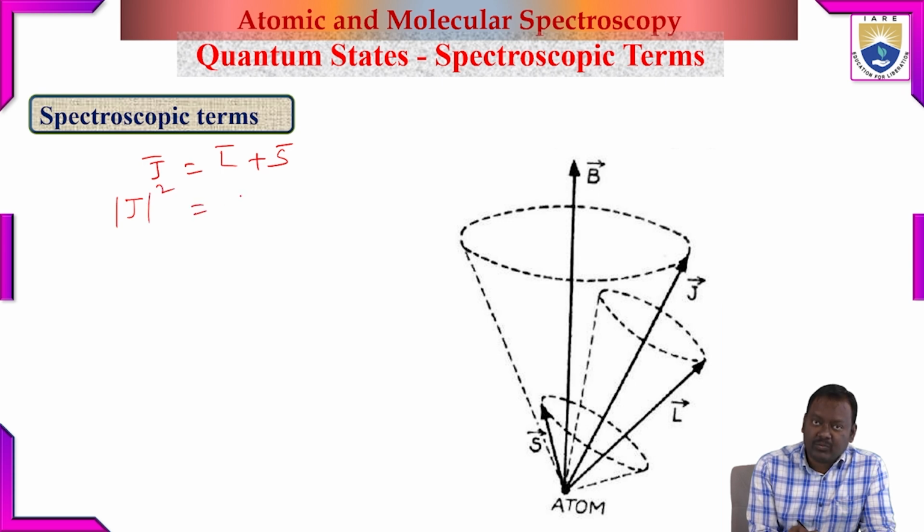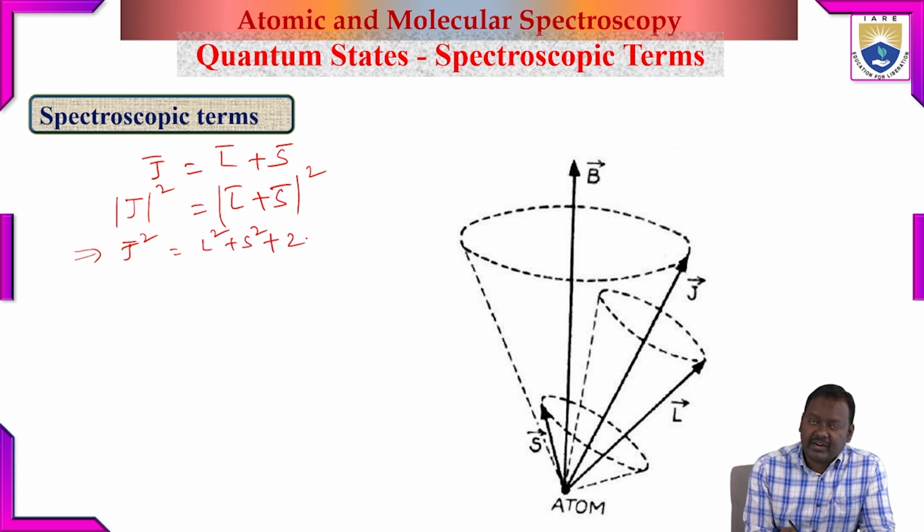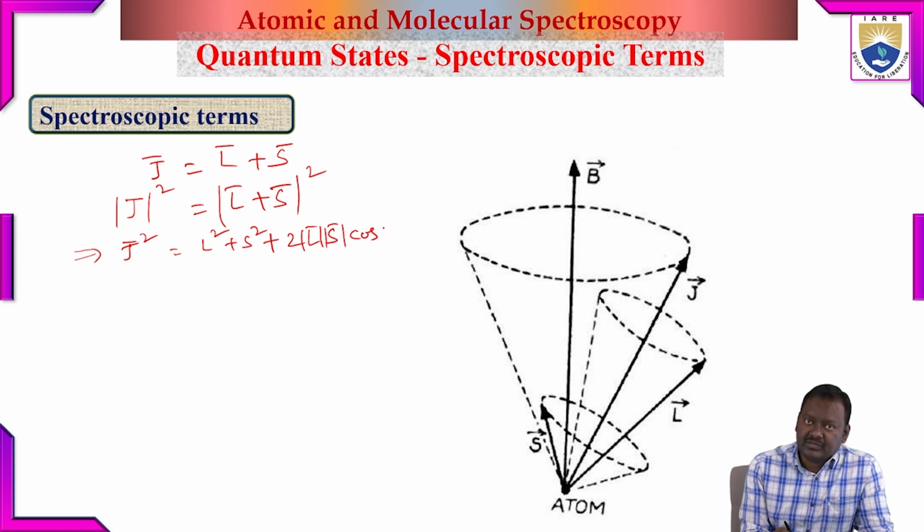Squaring on both sides, we get L bar plus S bar whole square. So the magnitude J square equals L square plus S square plus 2 L bar dot S bar, that means 2 LS cos theta. Here theta is the angle between L bar and S bar.